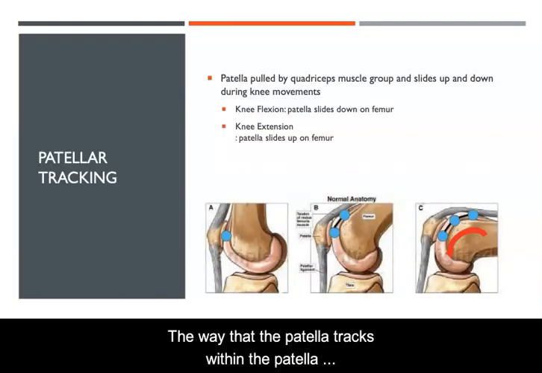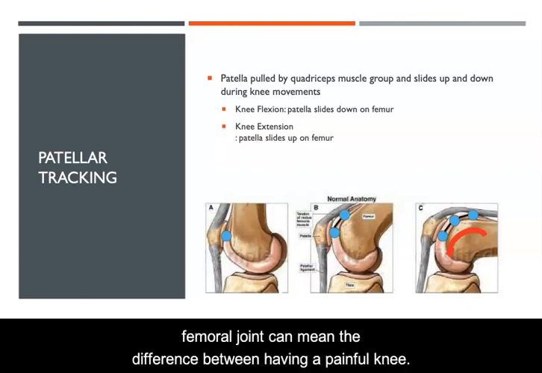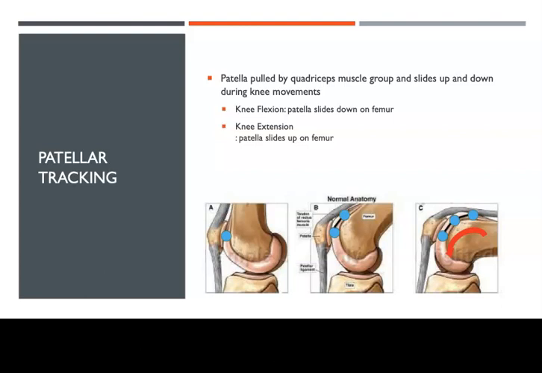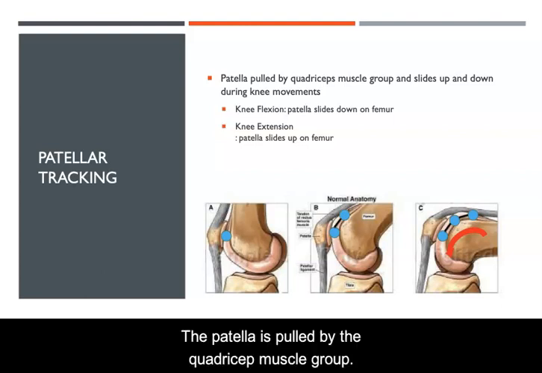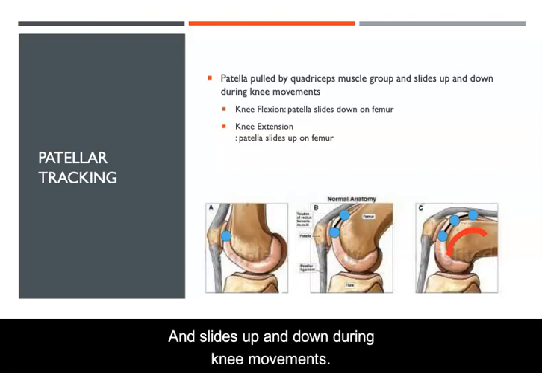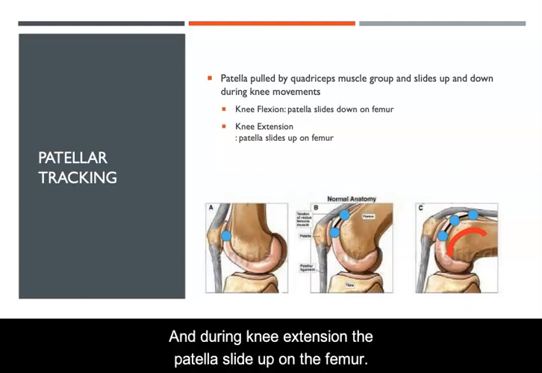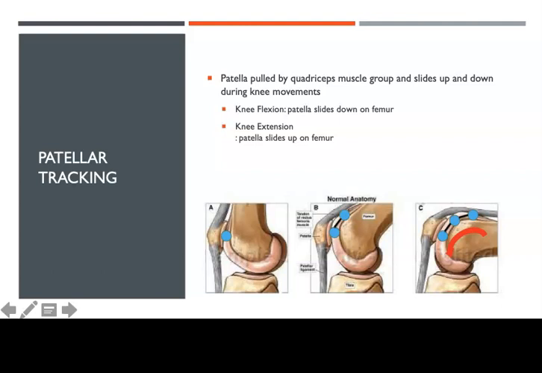The way that the patella tracks within the patellofemoral joint can mean the difference between having a painful knee and a non-painful knee. The patella is pulled by the quadricep muscle group and slides up and down during knee movements. During knee flexion, the patella slides down the femur, and during knee extension, the patella slides up on the femur.